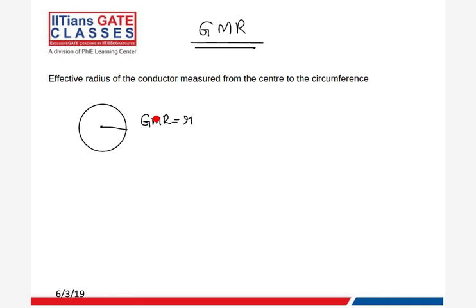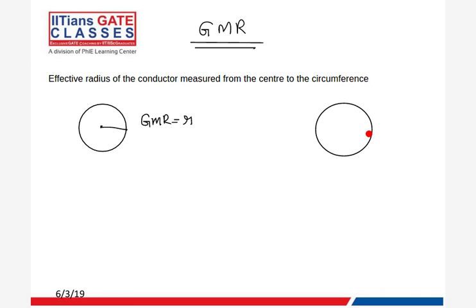But then we have the flux linkages. So effectively we will have a lot of small conductors. Let me see if I can draw the smaller conductors. So this will be the bigger one.